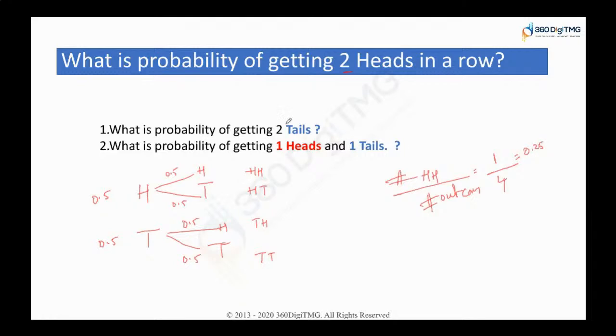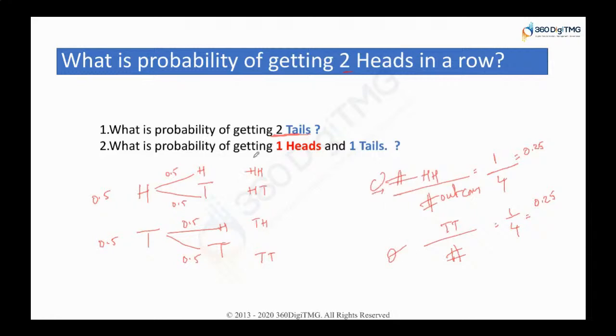Now the same thing I ask you for 2 tails: what's the probability of getting 2 tails? That is also the same, because you get tails 2 times and the total number of outcomes is 4, 1 by 4, which is again 0.25. So both the probabilities here are the same.